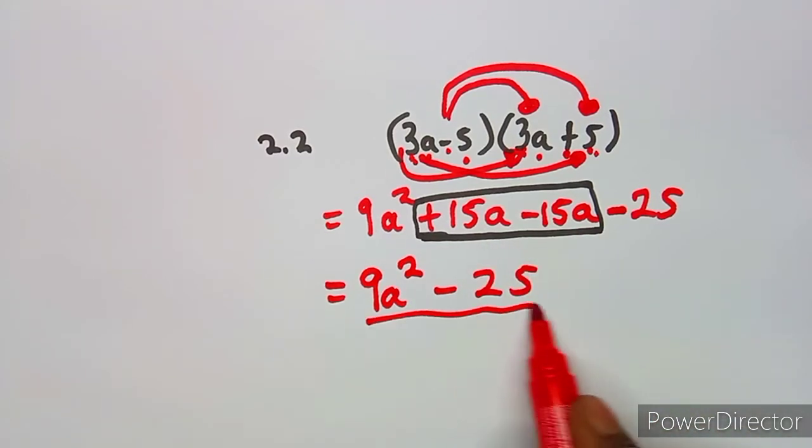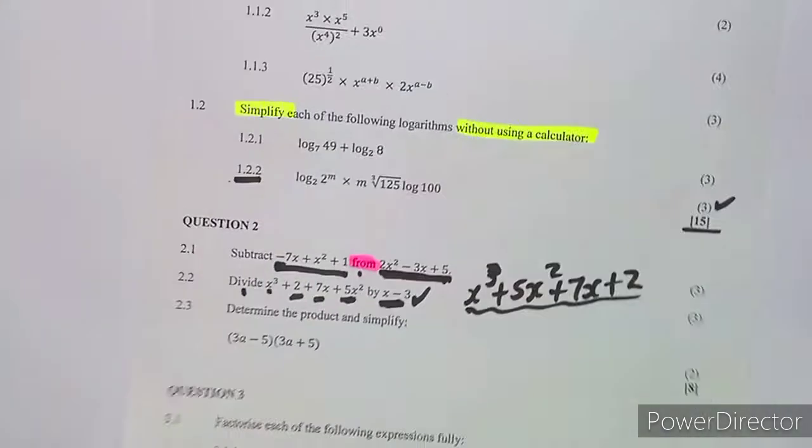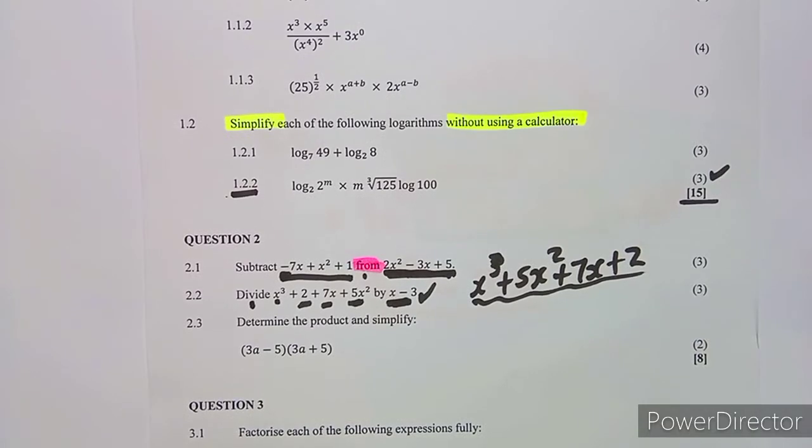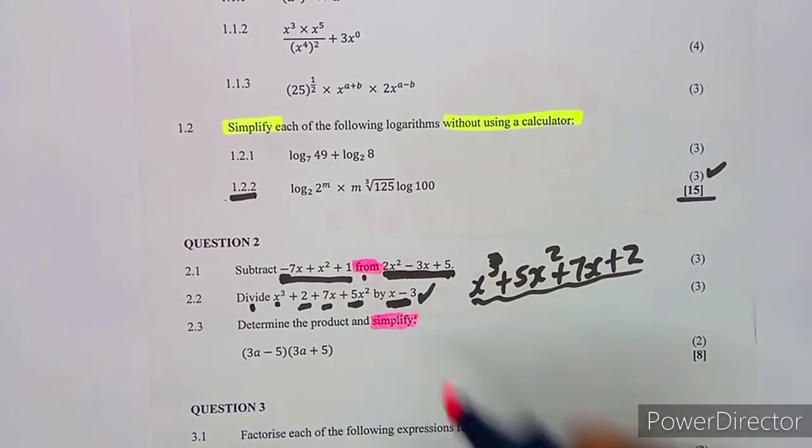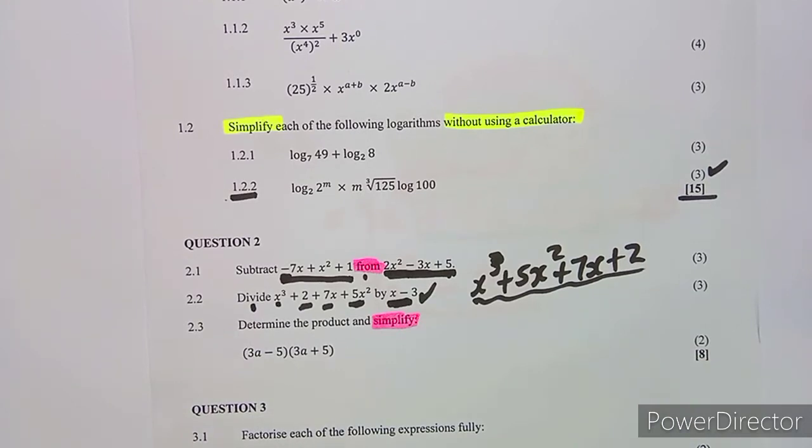So that's how, guys, these two work hand in hand. You're supposed to understand the concept. The concept is very, very important, because expansion of brackets, then simplifying, because the question here is determine the product. So it's not about the product only, but and simplify. After that, you must simplify. So that is what is important there.